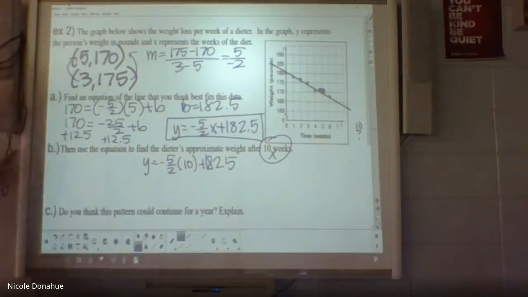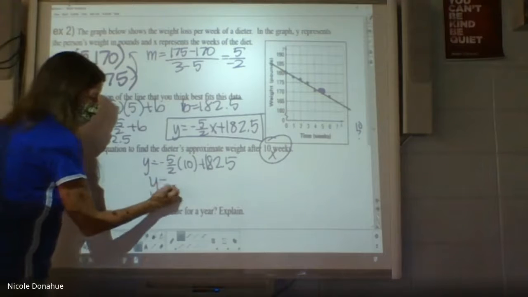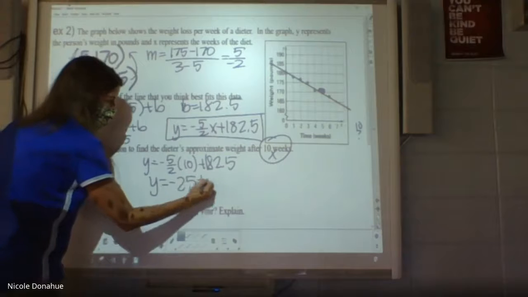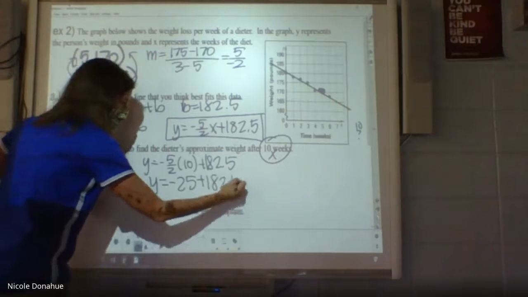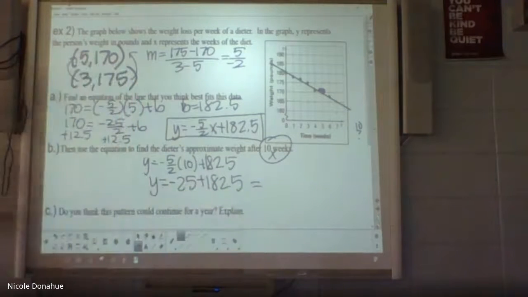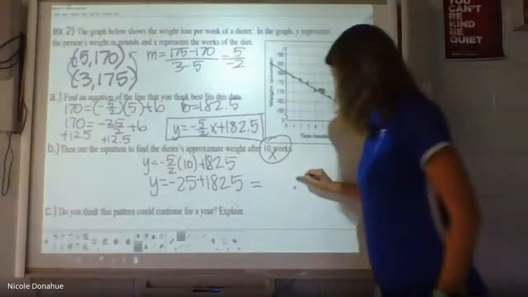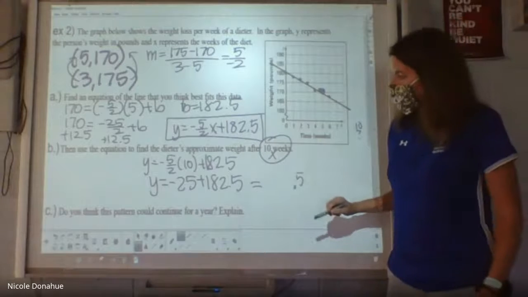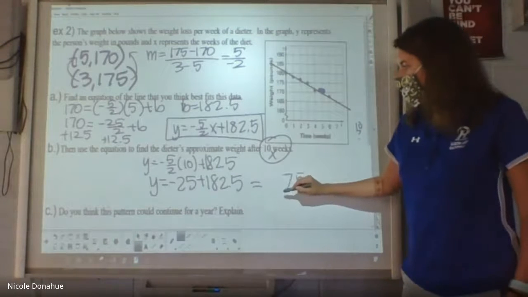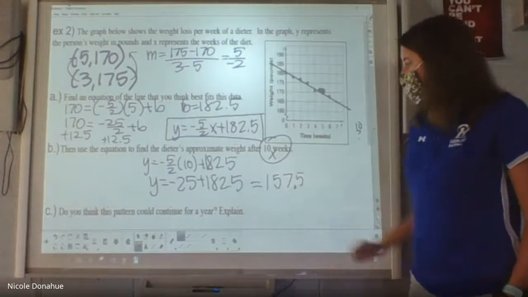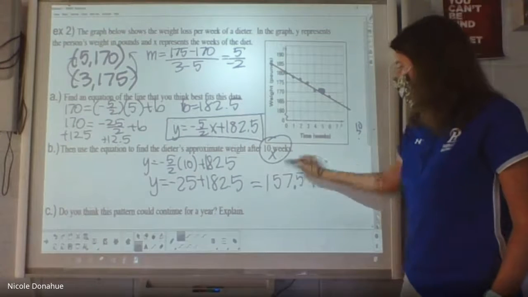And 10 times negative 5 halves is negative, was that 25? 50, yeah. So what will they end up weighing? 157.5 pounds.